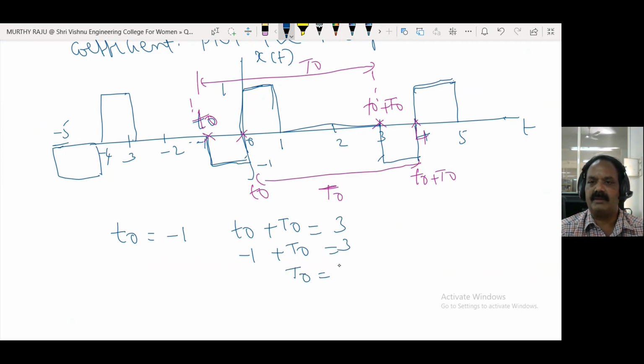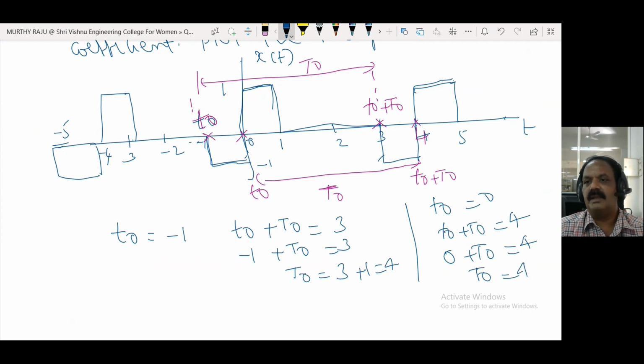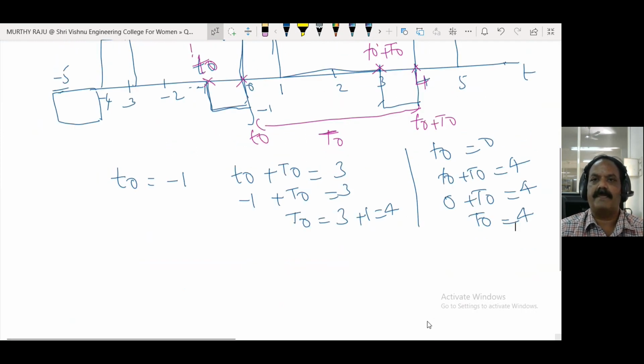The time period of the waveform T naught is equal to 3 plus 1, which is 4. In another way, small t naught is 0, and 0 plus T naught is equal to 4. Substitute 0 here, T naught is equal to 4. In both ways, the time period of the waveform is 4.